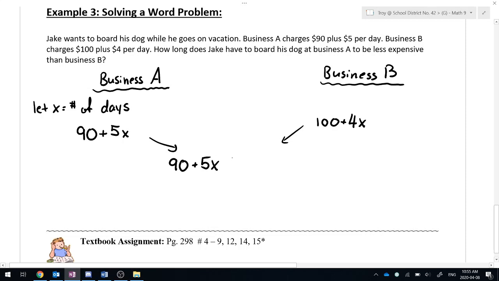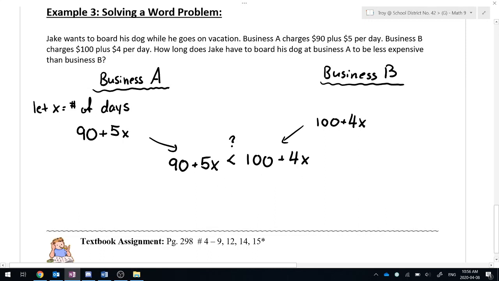A is going to be less expensive than B. Okay, so that's the question. What does X have to be in order for business A, which is on this side, to be less expensive than, that means less than, business B, which is on that side?